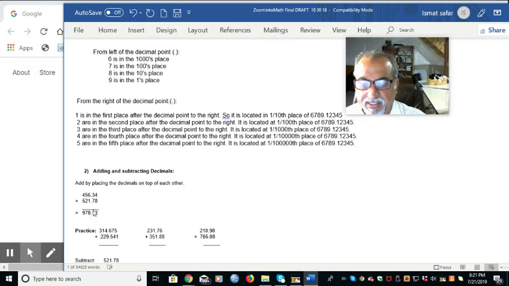So 4 plus 8 is 12, and 1 on hand, and 1 plus 3 is 4, and 7 is 11, 1 on hand, so 1 plus 6 is 7, plus 1 is 8, and then 5 plus 2 is 7, and 4 plus 5 is 9. So line up the decimal point with all the numbers, this way you don't get confused. So that's how you add decimal numbers.